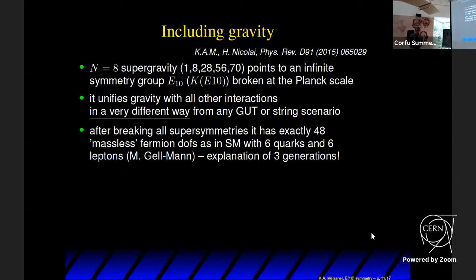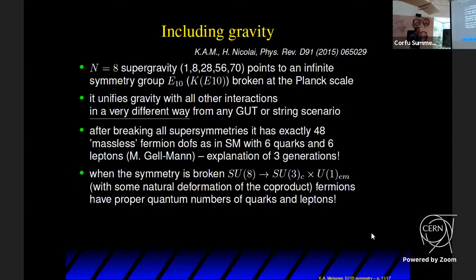That was a problem that Gell-Mann noticed. When the symmetry is broken, it requires a very natural deformation of the coproduct, and all the 1/6 go into place. So the electron has charge -1, the neutrino has 0, the up quark has +2/3, the down quark has -1/3. Everything fits into place with a very natural deformation of the coproduct.